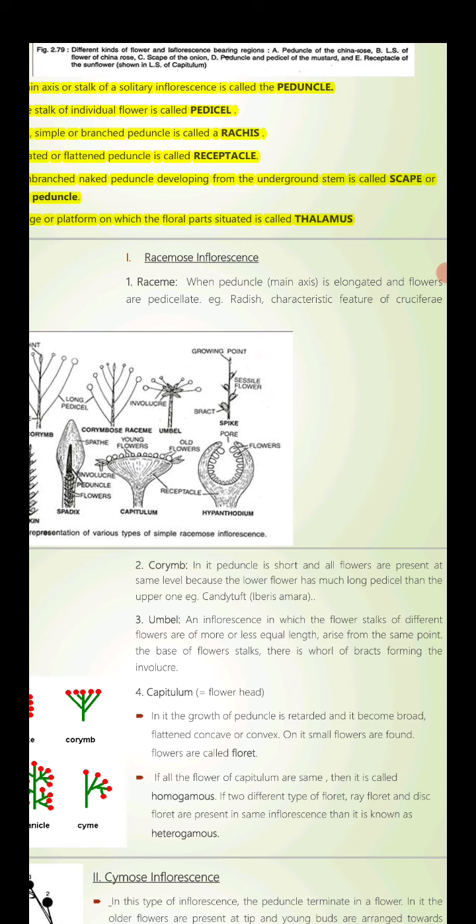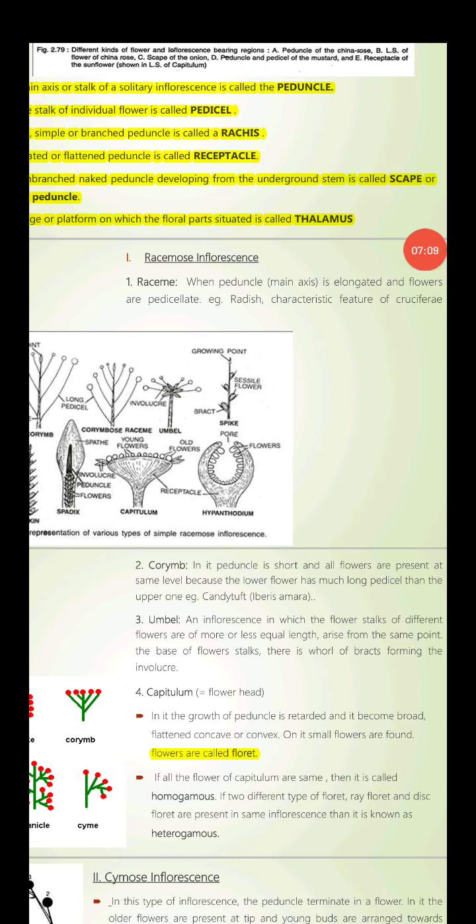Its small flowers are called florets. If all the florets of the capitulum are the same, it's called homogamous. If two different types of florets, ray florets and disc florets, are present in the same inflorescence, then it's known as heterogamous.